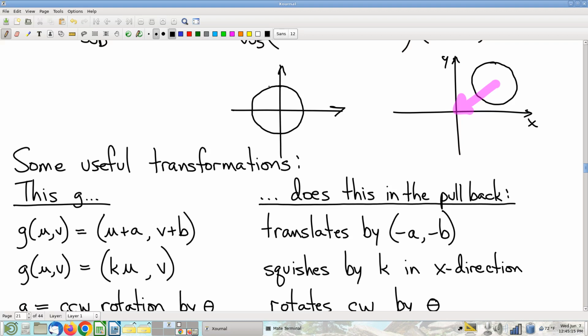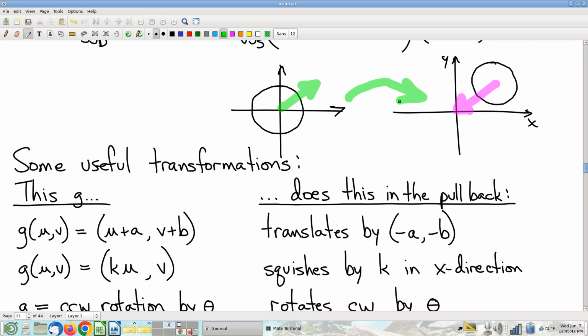What would I do to that circle centered at the origin to produce this circle that's centered up in the first quadrant there? What I would have to do is push it that way. So the change of variables function has to do kind of the opposite of what you want to do when you pull back. Hopefully that's clear, right?